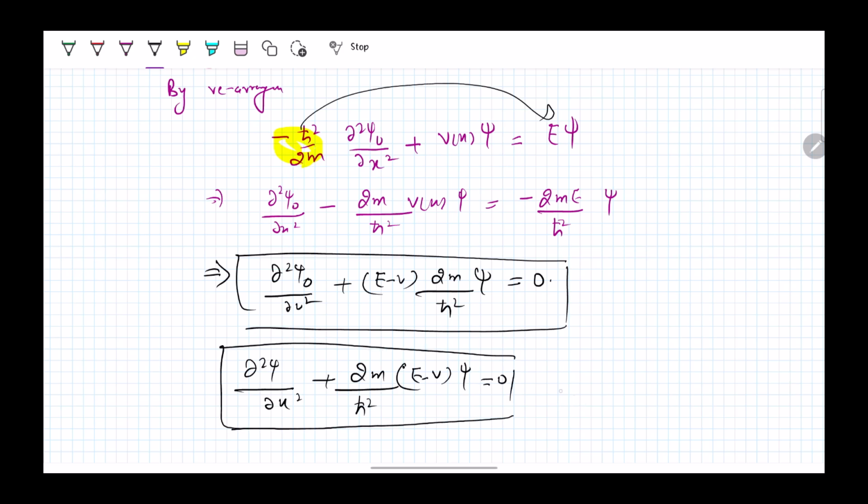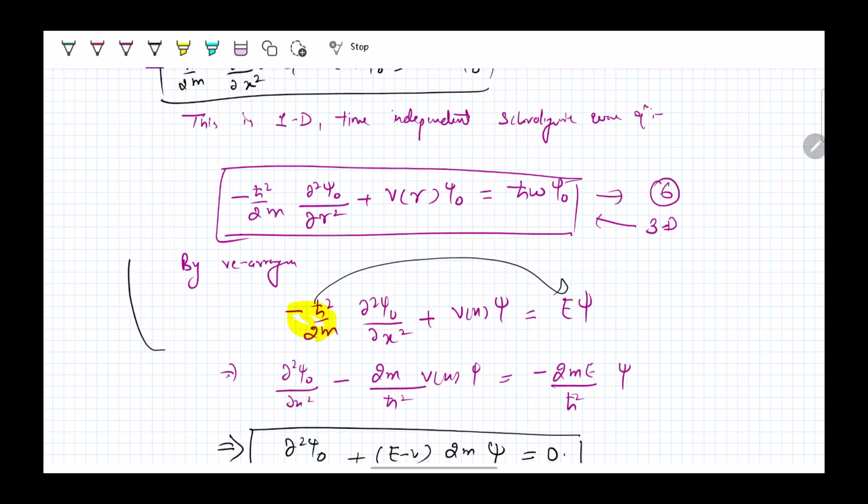This is Schrodinger's wave equation in 3 dimensions. Okay, and this is also a 3 dimension equation.